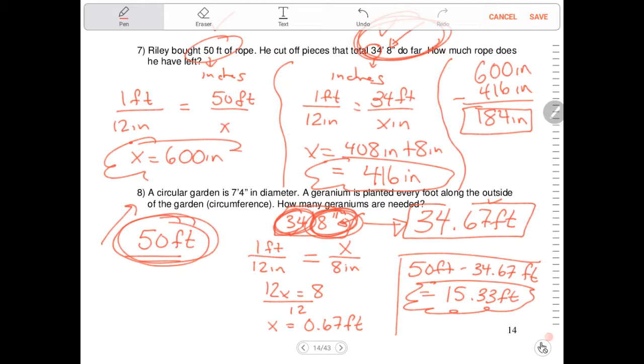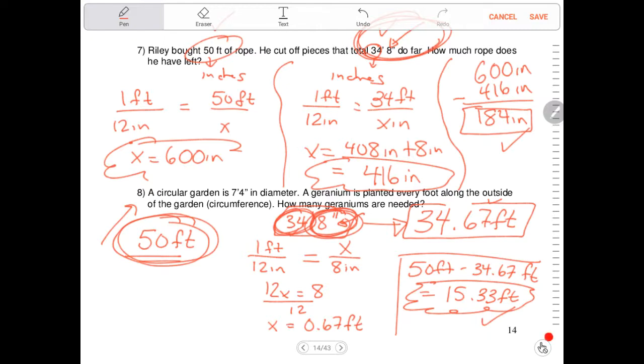And now what I'm trying to tell you is, when I first did number 7, I found out it was 184 inches left. The second time I did number 7, I had 15.33 feet. Well, guess what? They're both the same answer. What I want you to realize is, the first time I did number 7, I changed everything into inches and used that to answer my question.